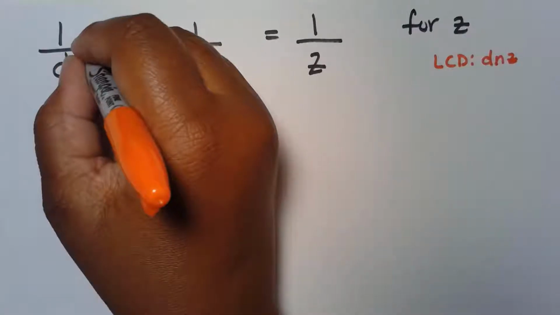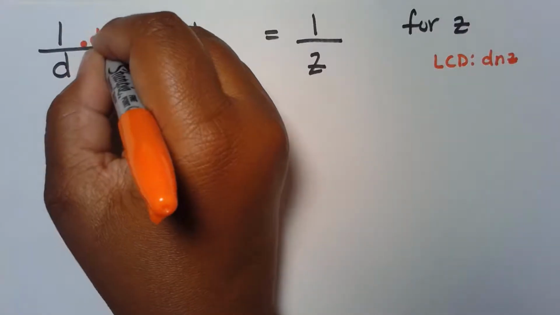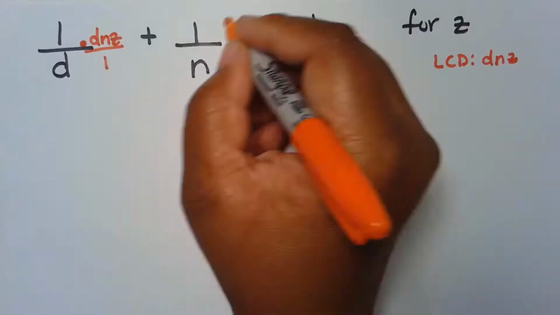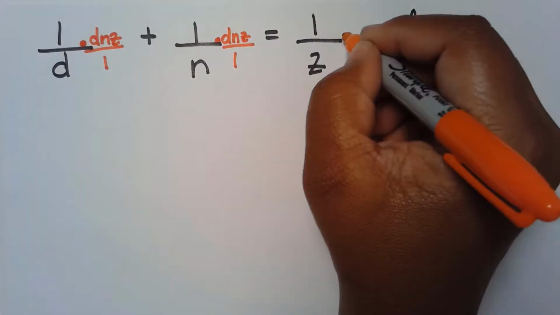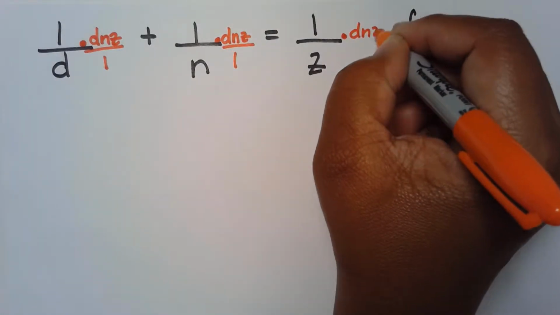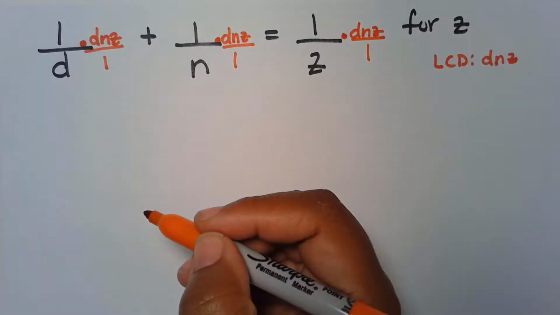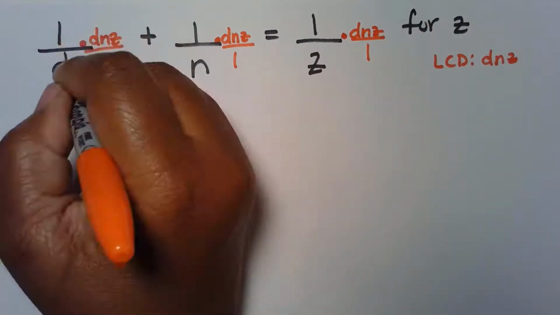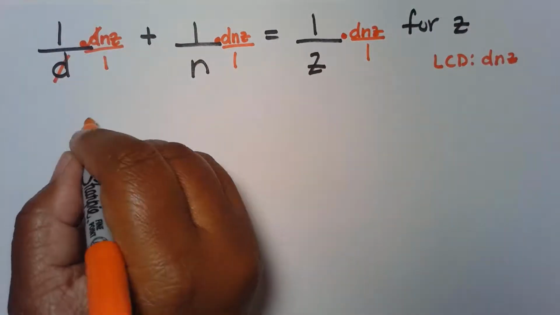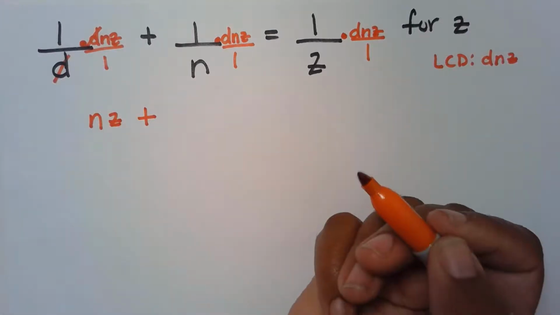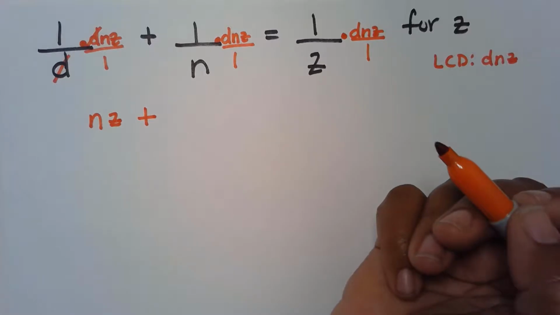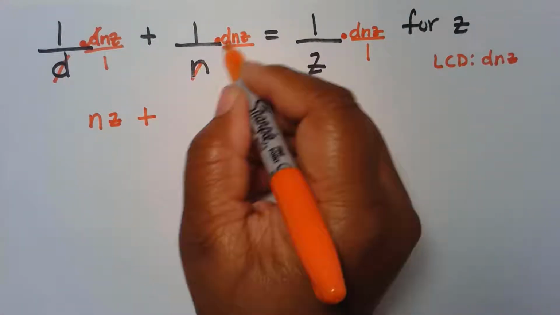So we're going to multiply all terms on both sides by the LCD. On the left hand side, the D's cancel out and we're left with NZ, plus on the second term, the N's cancel out.